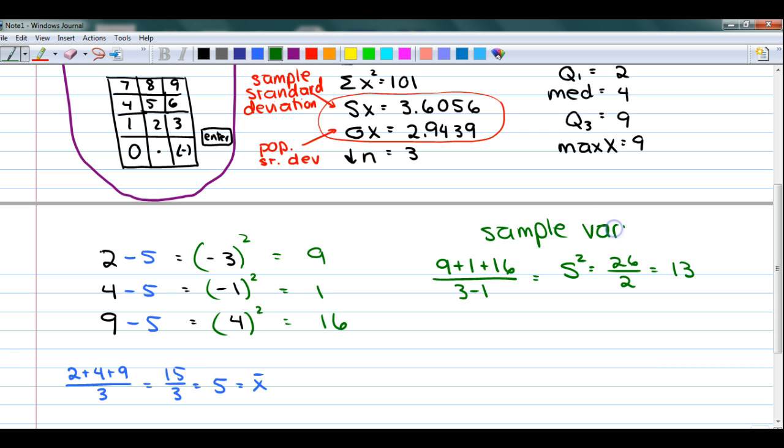Variance is a pretty useless value to know. However, the one thing it's good for is, when you take the square root of variance, you get standard deviation, and that's a very valuable calculation.